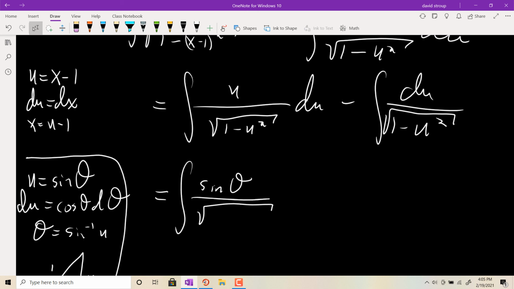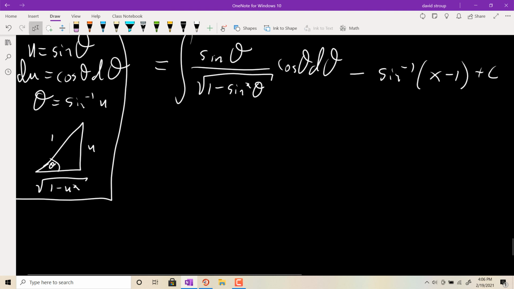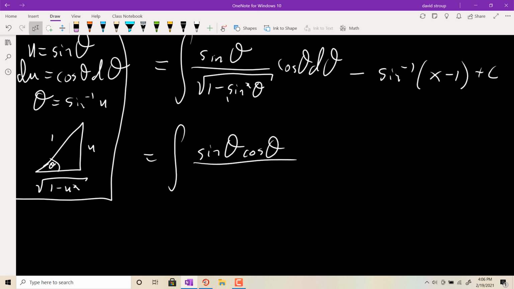Downstairs I have the square root of 1 minus sine squared theta. And then du will be cosine theta d theta. And then minus this other thing, which is just sine inverse of u, which is x minus 1 plus a constant. At this point then you have the integral of sine theta cosine theta all over this thing, which will end up being the square root of cosine squared theta, which of course will just be cosine theta.